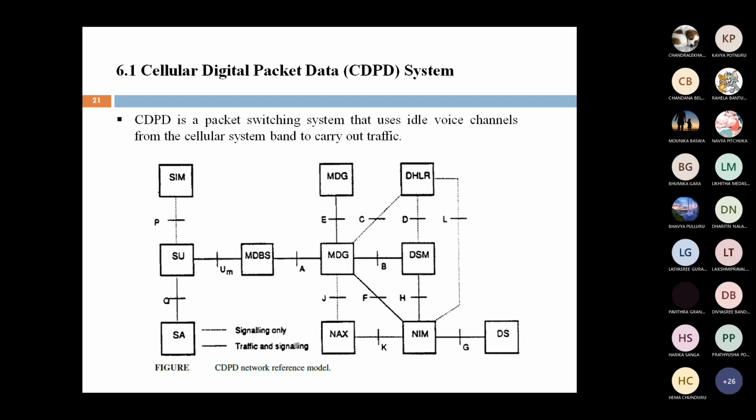Here the interfaces are P, Q, UM, A, E, J, C, F, B, H, K, D, L, G. A number of interfaces are available, but UM is the basic interface, that is, the air interface between mobile unit and base station.